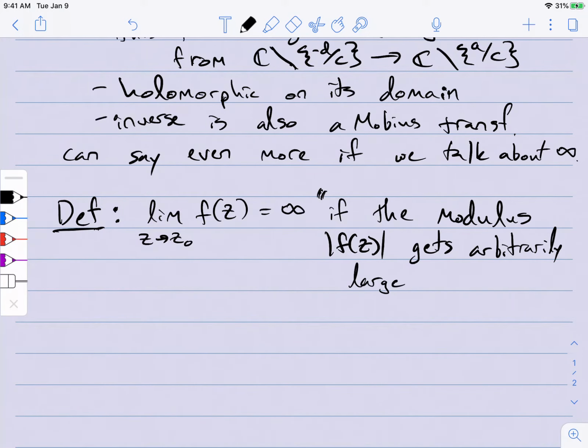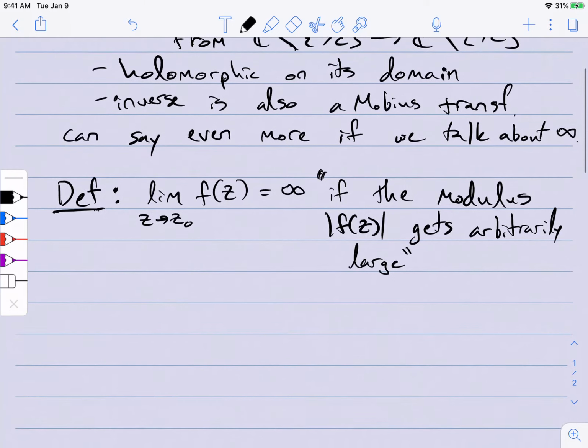I don't really care if f of z is positive or negative or whatever its argument is, if it's i times something. All I care about is its size. And if its size is getting larger and larger as z goes to z naught, then we'll say that the limit of f of z as z goes to z naught is equal to infinity. But of course, there's a precise definition.